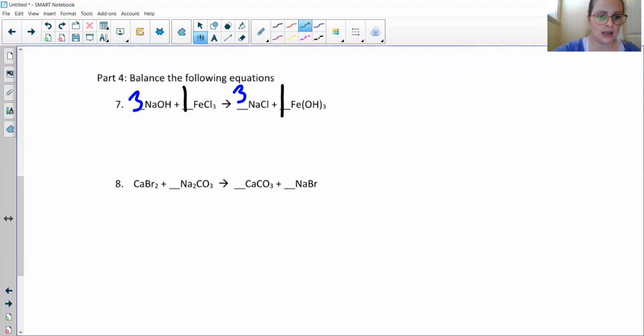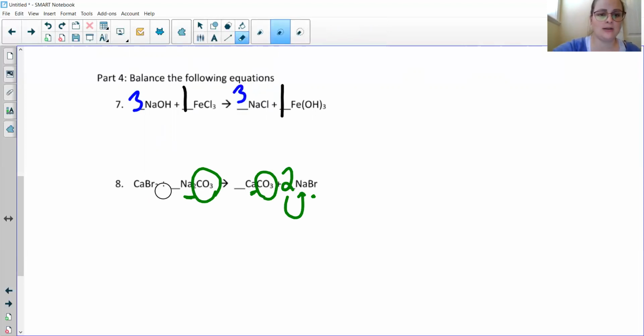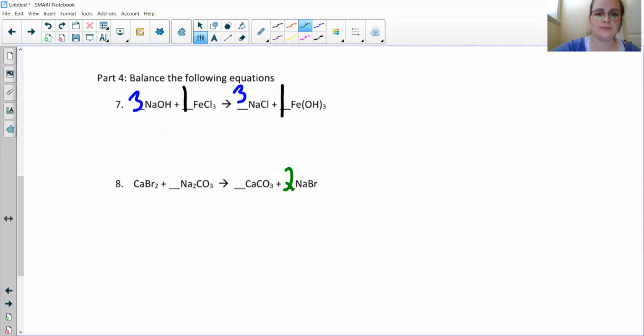Looking at the next one, I have 1 Ca, 1 Ca. I have 2 Brs, and I only have 1 Br here, so I have to add a 2. All right. I have 2 sodiums, 2 sodiums. I have 1 CO3 here, and I have 1 CO3 here, and it looks like I'm balanced. So I'm just going to double check this one and go through right from the beginning to make sure that I didn't accidentally change something.